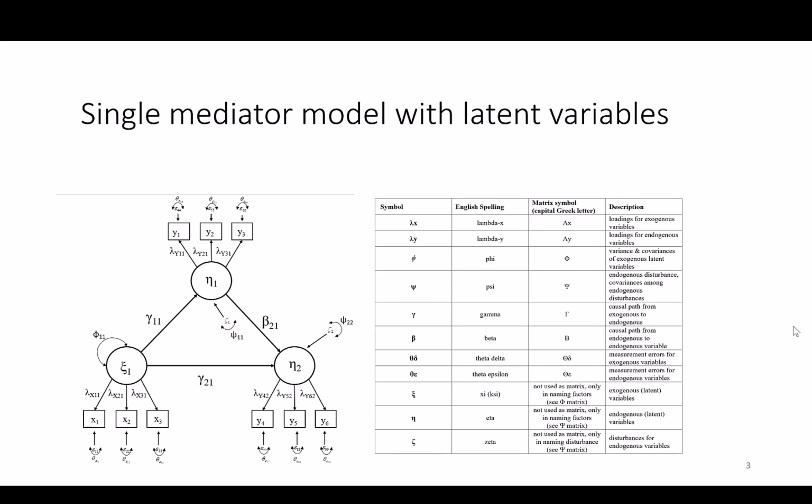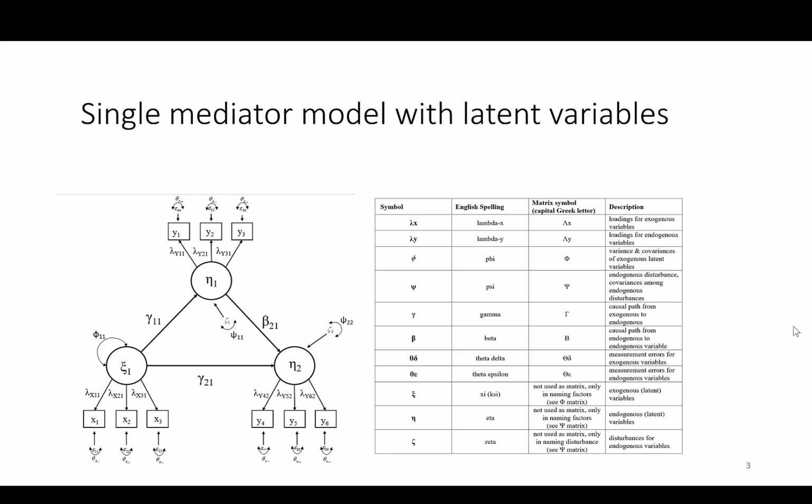Now finally, our mediation hypothesis is represented by the structural paths that we have between our exogenous variable, the mediator, and the outcome. What used to be our A path in the manifest variable model is now gamma 1,1. What used to be our B path is now beta 2,1, and what used to be our C prime path is now gamma 2,1.